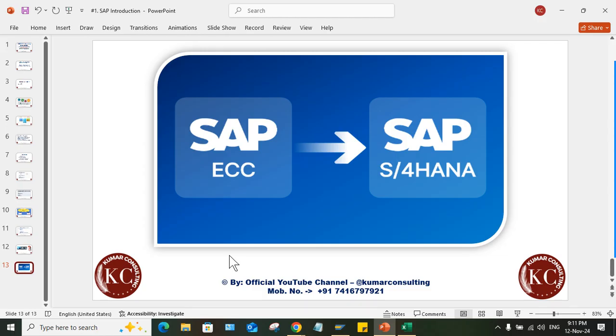If somebody is teaching the ECC version, they will teach the FICO module, SD module, MM module, different modules. If somebody is using the S4 HANA version, on that also you have to learn the same modules. So FICO is a module name and S4 HANA is a version name. So: SAP ECC version and S4 HANA.